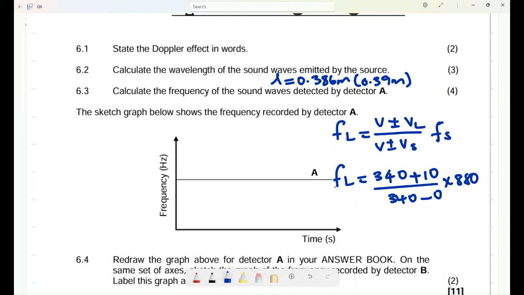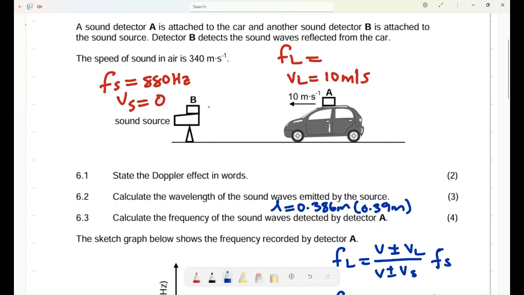Now we are expecting the frequency of the listener to be higher than the frequency of the sound source. Why? Let me do an example. Let me say there is an ambulance emitting sound, and I am standing here.